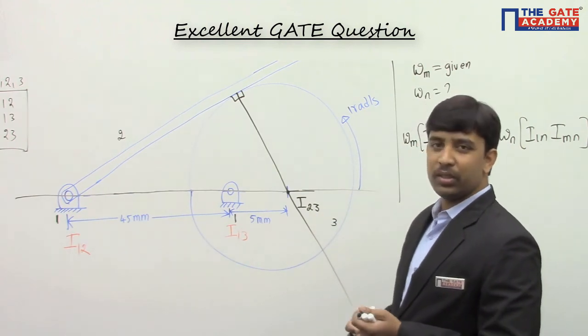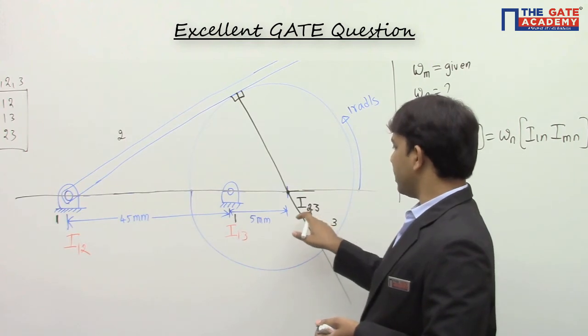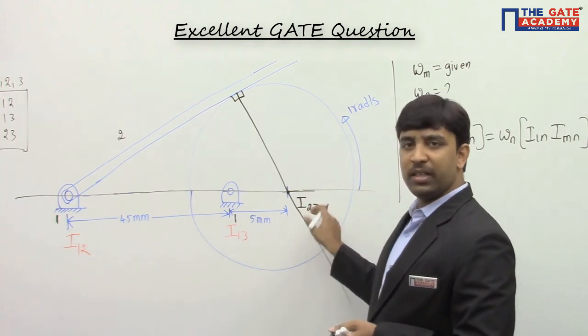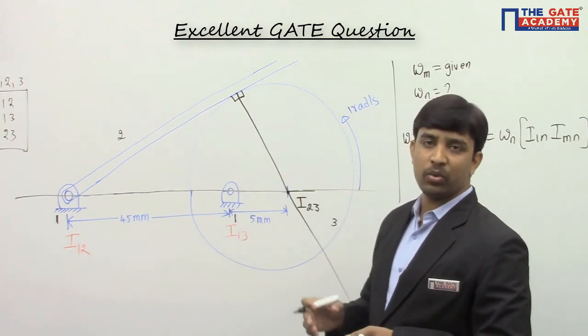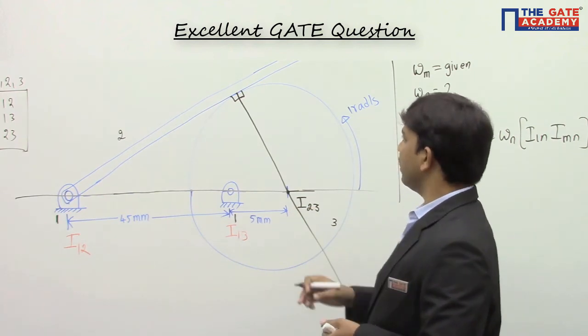What is the meaning of this relative I center? Relative I center I23, the instantaneous center of link 2 with respect to link 3, is nothing but a point on link number 2 which has zero relative velocity with a coincident point on link number 3. Now see here, this is link number 2.